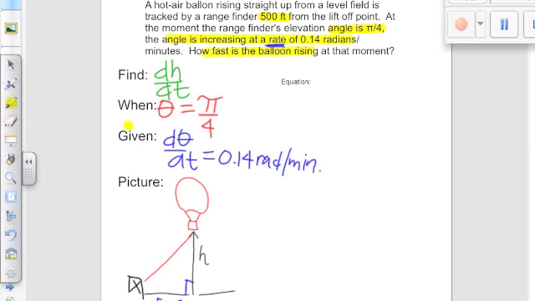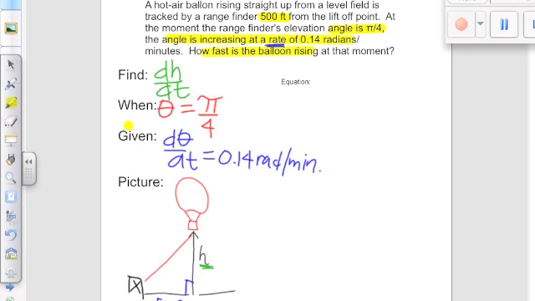So the equation we should use is from SOHCAHTOA. So the only pieces of information I have right now are this height and this right here.